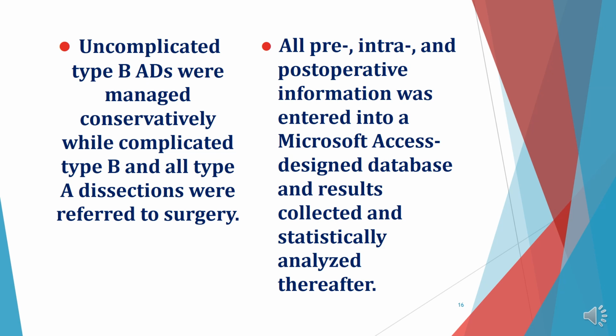Uncomplicated type B aortic dissections were managed conservatively, while complicated type B and all type A dissections were referred to surgery. All pre-, intra-, and post-operative information was entered into a Microsoft Access design database, and results were collected and statistically analyzed thereafter.